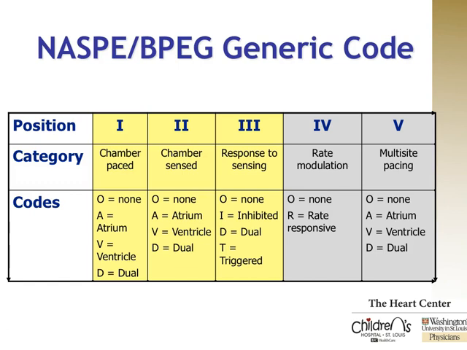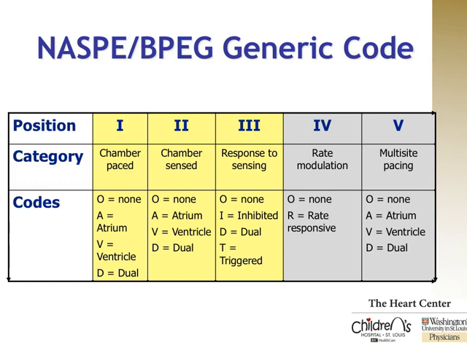The second letter refers to which chamber is sensed, because contemporary pacemakers have the ability to both pace the heart but also listen to the activity along the pacemaker leads and interpret whether the heart, the atria, the ventricle are beating. It may just listen to the atrium, only the ventricle, or it may be able to listen to both chambers.